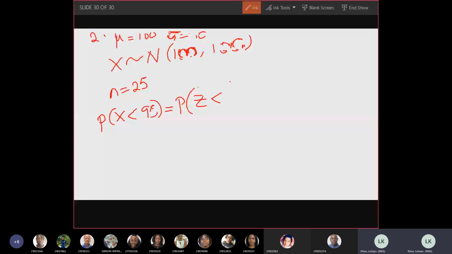So what you do is draw what you are looking for on the table. We know that this is 0 over there, so negative 2.5 will be somewhere over here. We're looking for the area less than negative 2.5, so that means this area over here. Then you go to your table and read it.